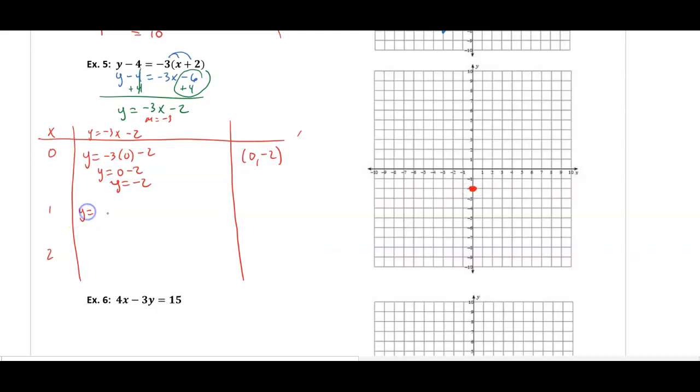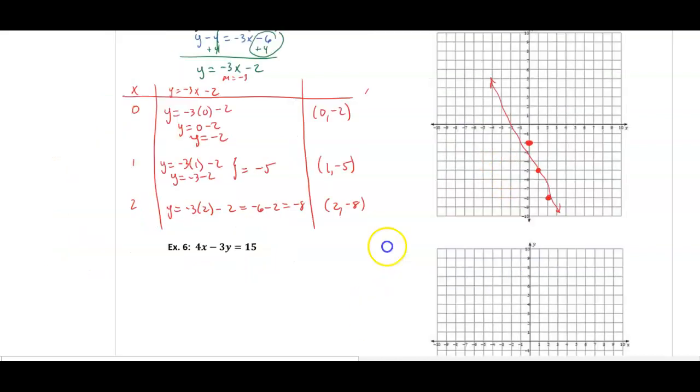Next one, y equals -3 times 1 minus 2. -3 minus 2 will give me -5. Ordered pair, 1, -5. Finally, y equals -3 times 2 minus 2. It's going to give you -6 minus 2, which is -8. Ordered pair, 2, -8. Right away, I can graph my line.